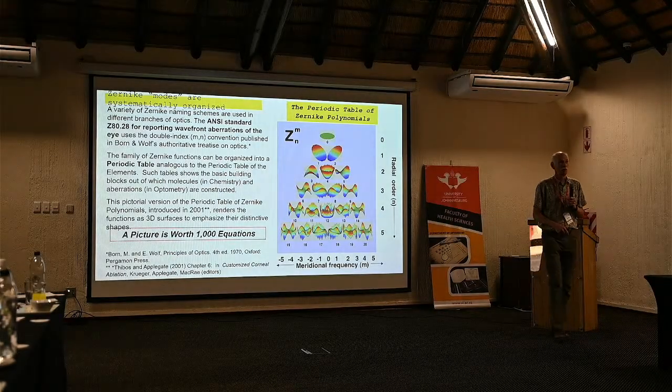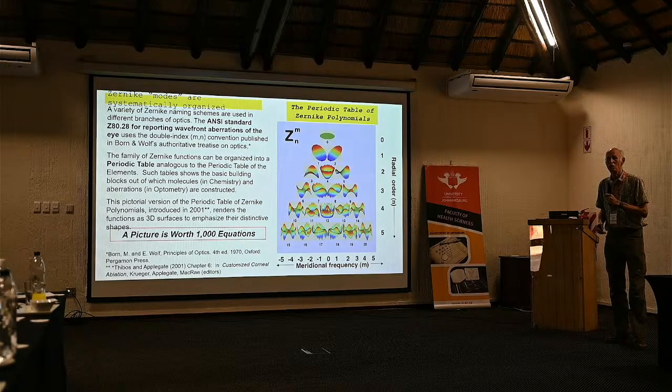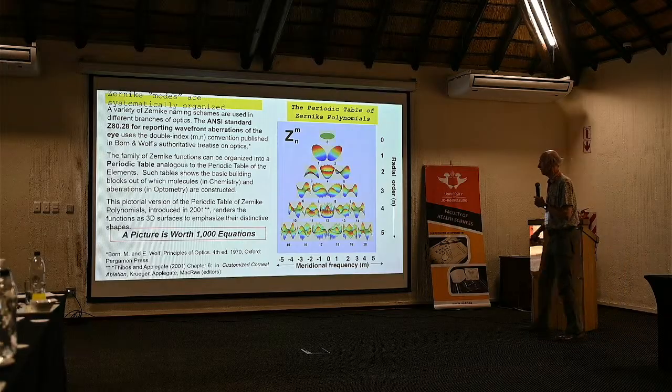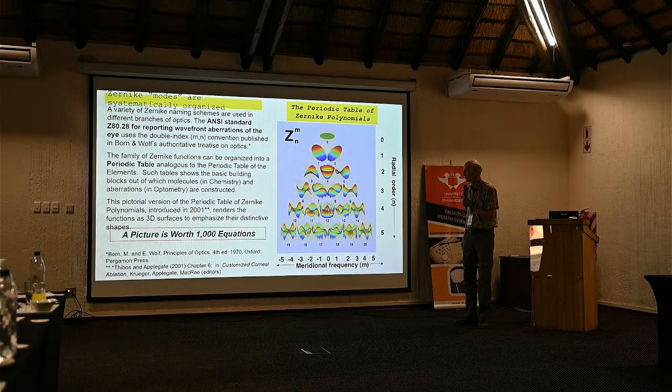So when Ray and I started mucking about with this technology, gosh, more than 20 years ago now, Ray was going to put together a book called Customized Corneal Ablation, Early Days of Refractive Surgery. And they had a goal of correcting not just the ordinary spherocylindrical refractive errors, but all of the higher order aberrations as well.